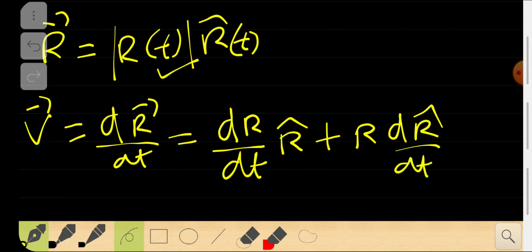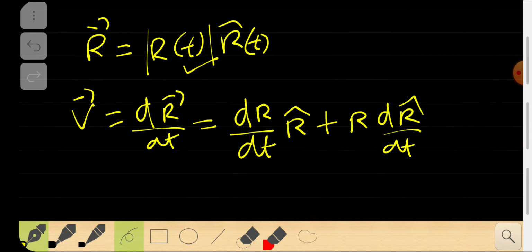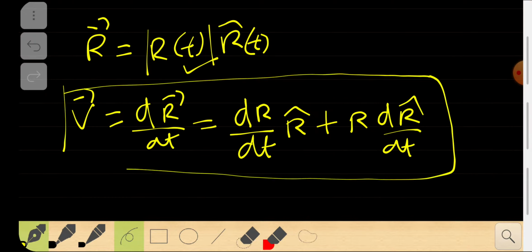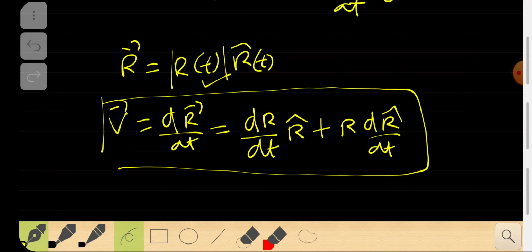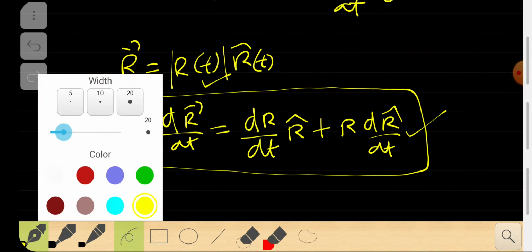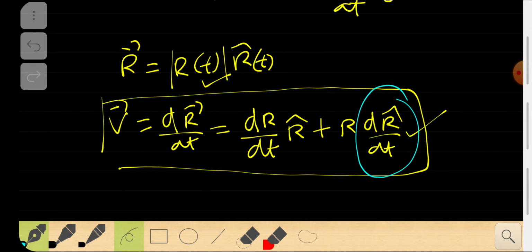This is the equation of velocity. Now what we can do is that we know dr cap by dt, right? We know that.